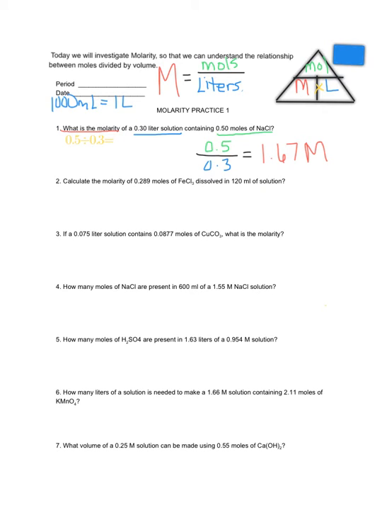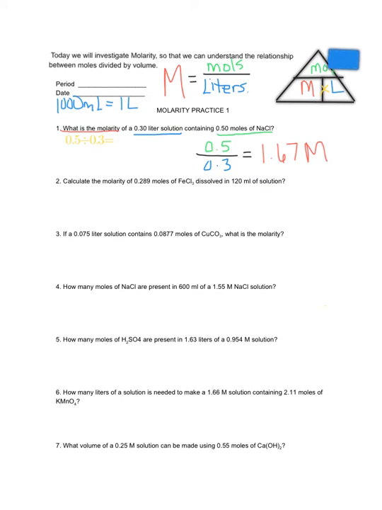All right, let's break this apart. First of all, it says from the very beginning, how many moles? So right away, we know that we are solving for moles. So I'm going to move over to my little pyramid, and I'm going to cover moles because that's what we're solving for. So we don't know how many moles there are.